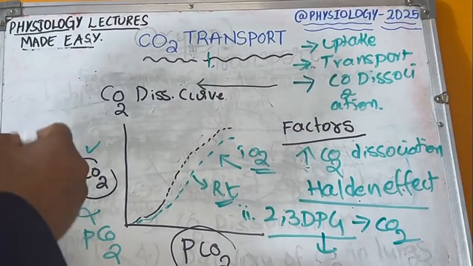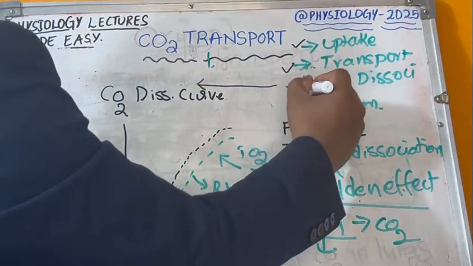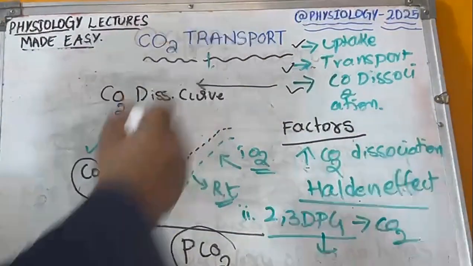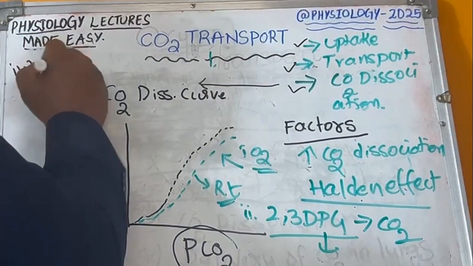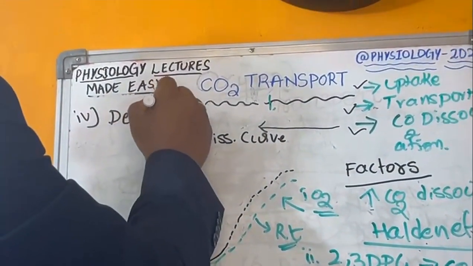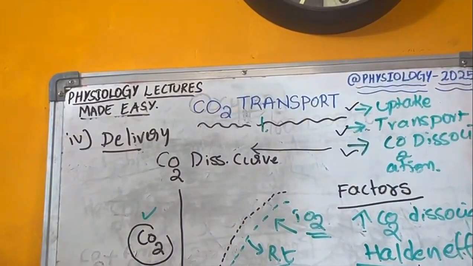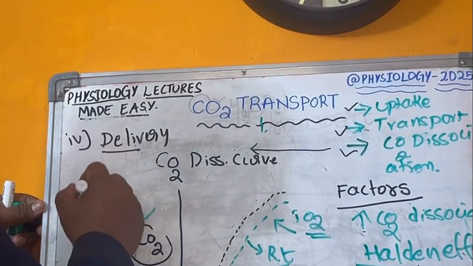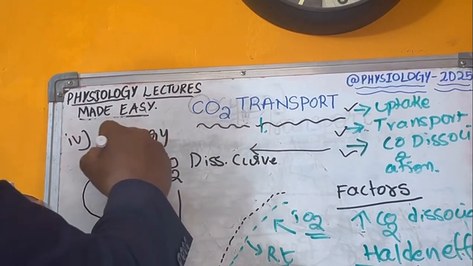Carbon dioxide transport: uptake was done, transport was explained, CO2 dissociation was done, and the last mechanism, the fourth one, is called delivery. With delivery, I conclude my lecture. So how does delivery occur? Suppose one alveolus is surrounded by the pulmonary capillary.